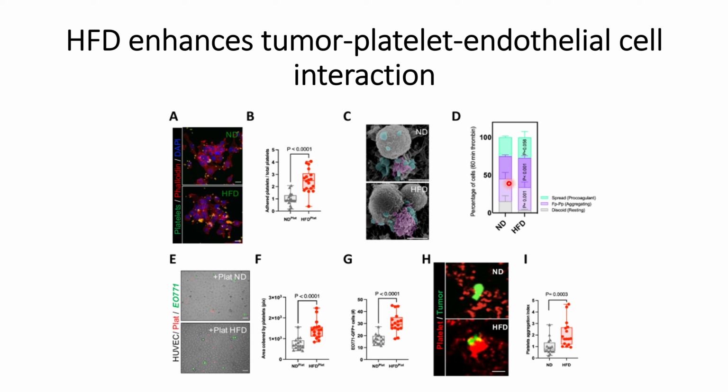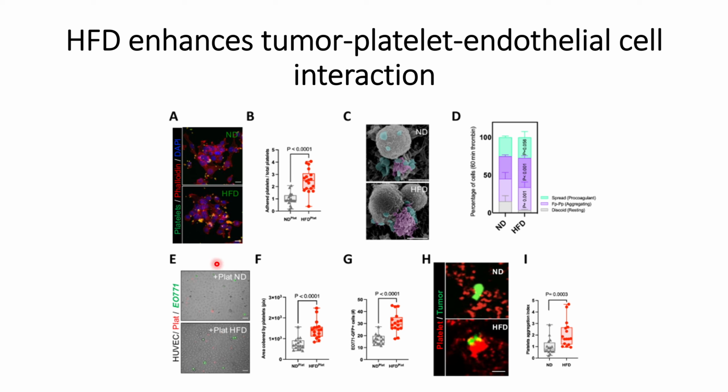That can be seen clearly in panel D, where platelet aggregation is higher in the HFD conditions. Now they wanted to check whether tumor-platelet interactions also affect endothelial cell interactions or not.